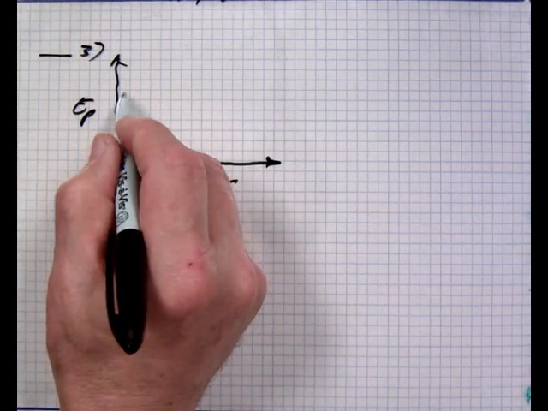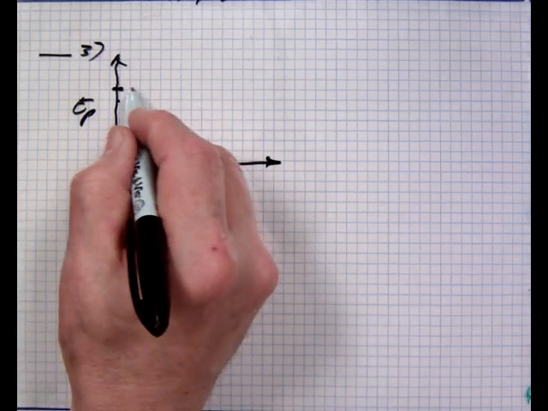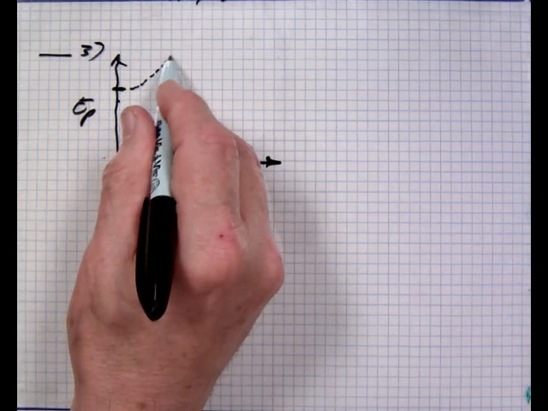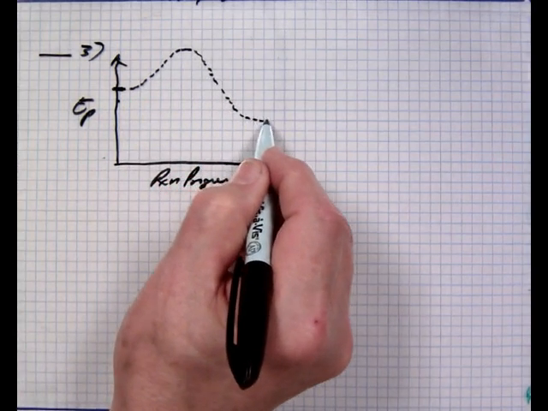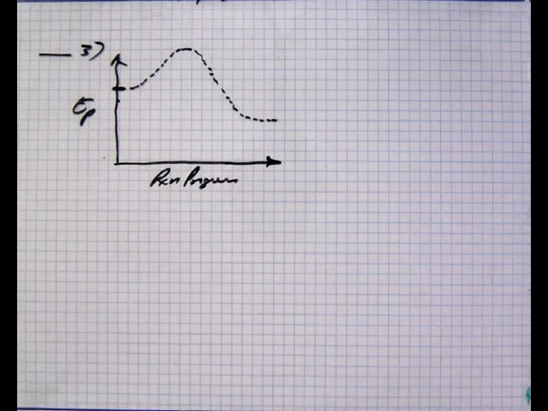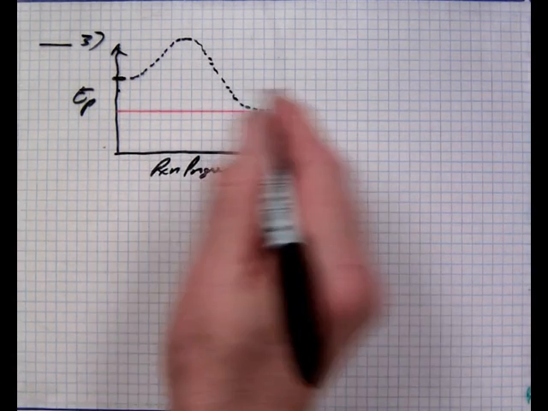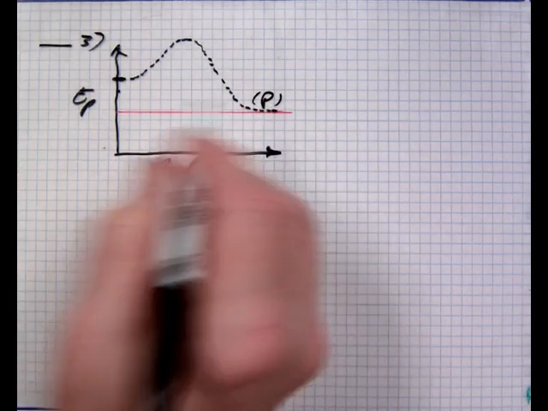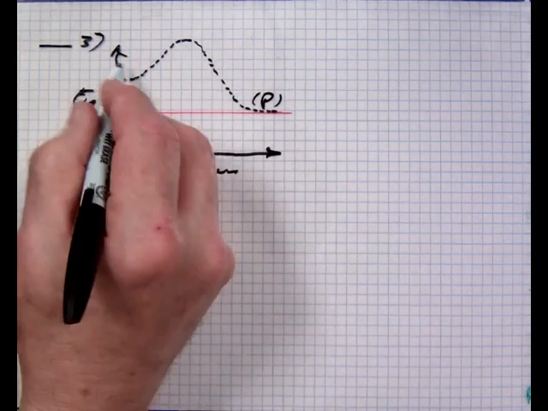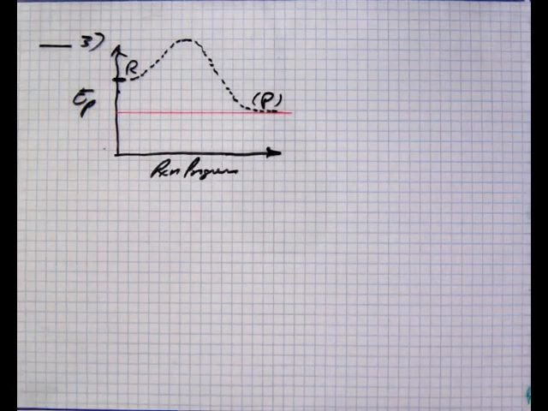If we start here, we see that the energy level of the products of the reaction is below the energy level of the reactant.